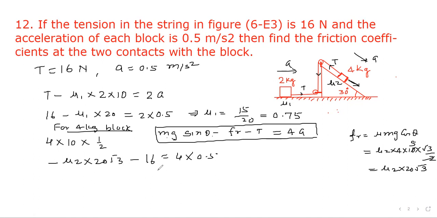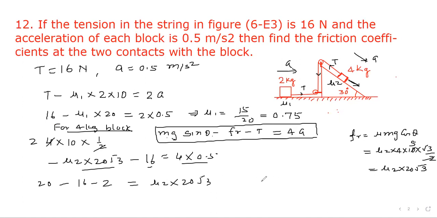So we simplify. So this will become 20 minus 16, and this will become 2. So 20 minus 16 minus 2 equal to mu2 into 20 root 3.